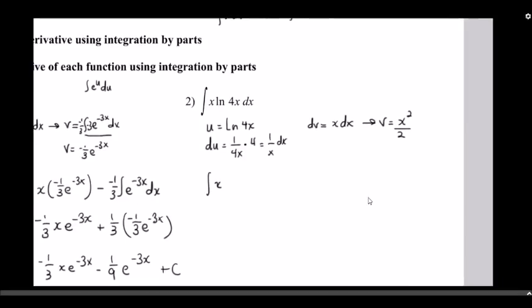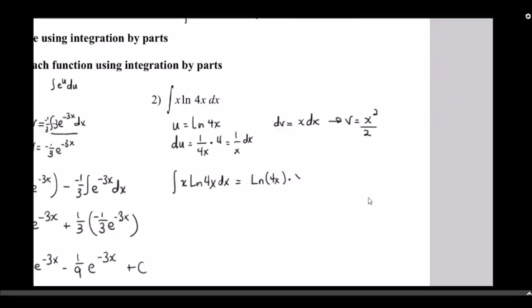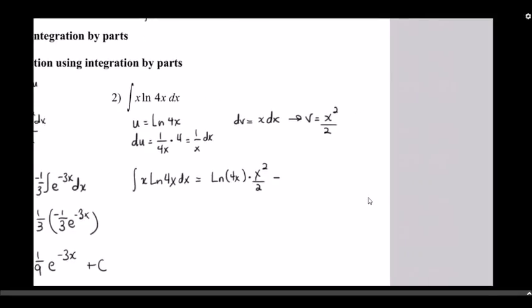The integral of x times the natural log of 4x is equal to u times v minus the integral of v. Now v, x squared over 2 can be thought of as 1/2 x squared, which is a coefficient of 1/2. So I'm going to put the coefficient there, and then have the x squared in there.